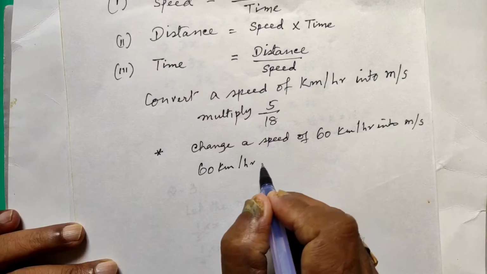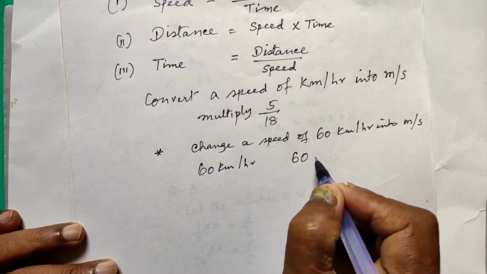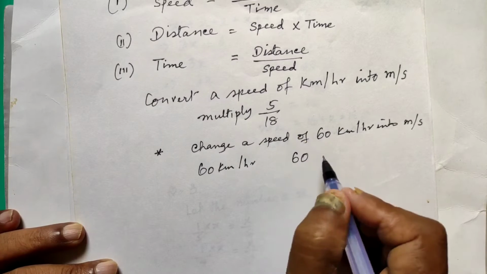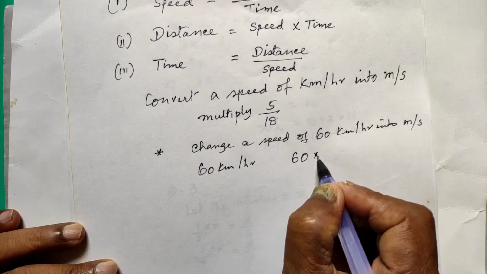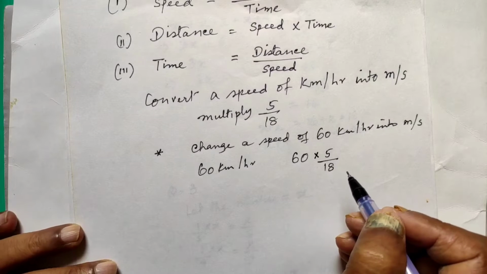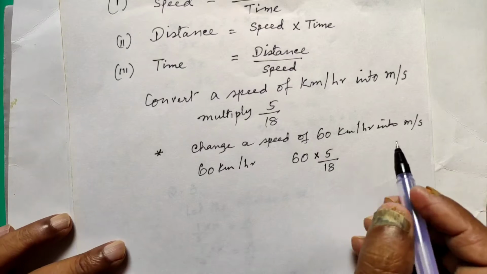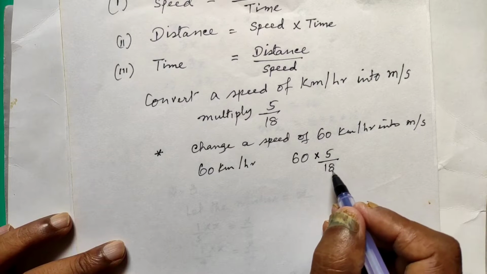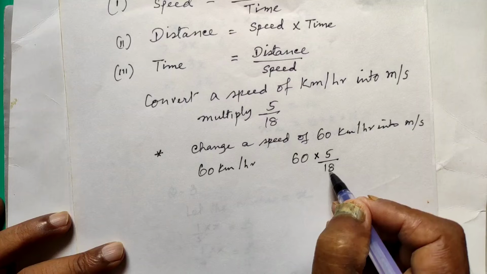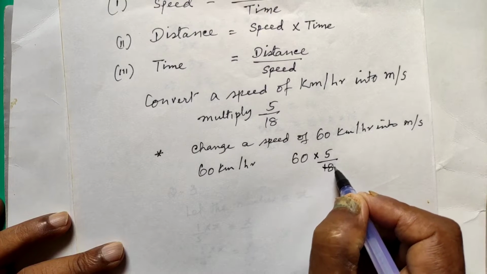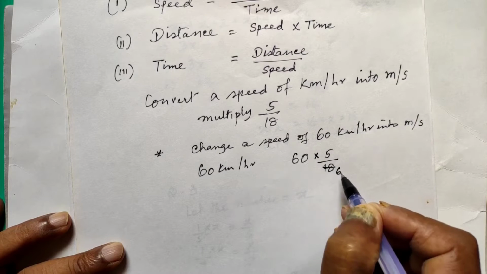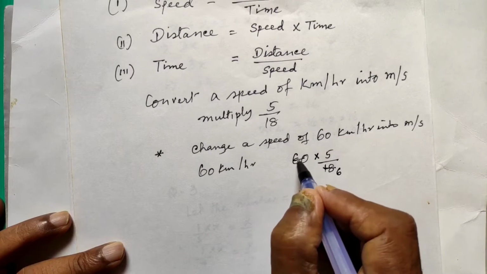So, what will you do? We will just do 60 and use this particular formula, 5/18. Then what are we going to get? You cancel by 3. If you cancel by 3, it will be 6, and the other one 20.